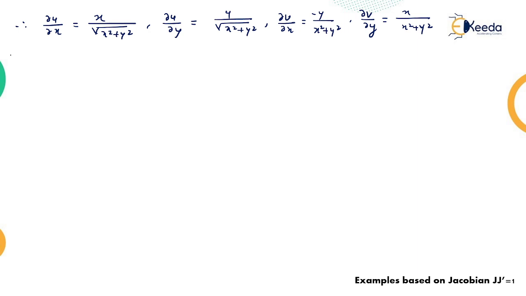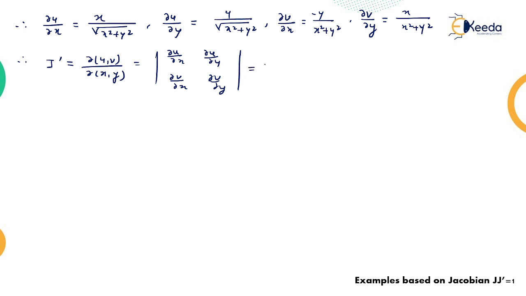Therefore J' means the Jacobian of (u, v) with respect to (x, y). It is just like a 2 by 2 determinant: ∂u/∂x, ∂u/∂y in the first row, ∂v/∂x, ∂v/∂y in the second. Just observe and put the values in this equation.